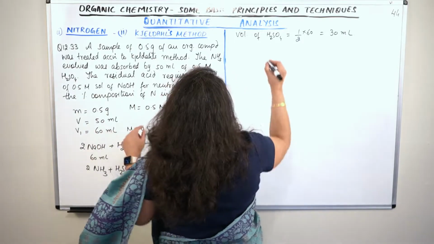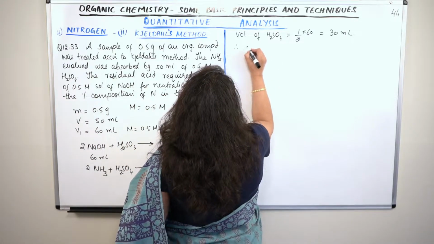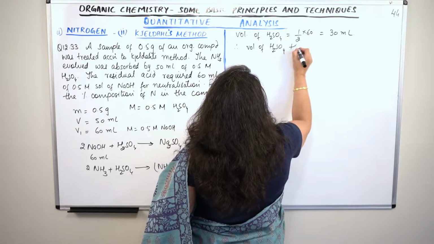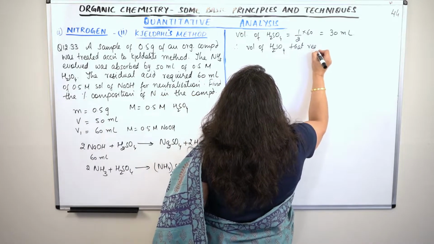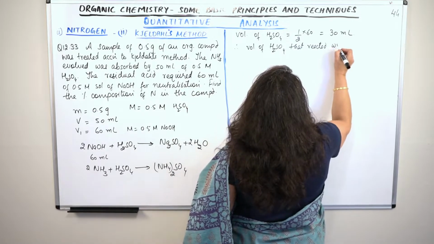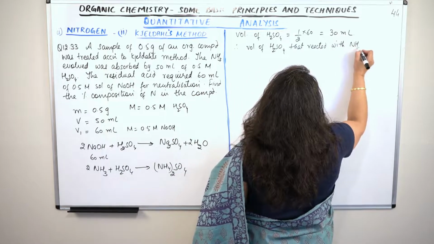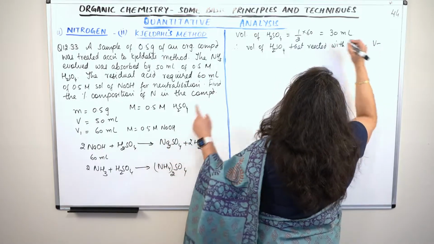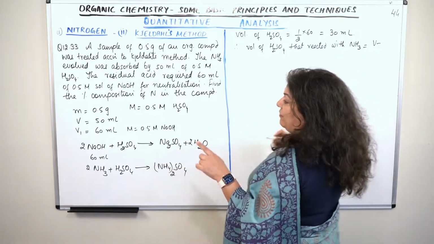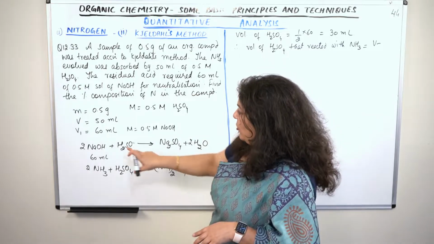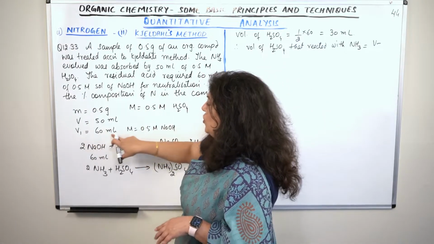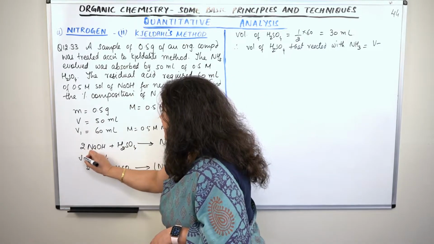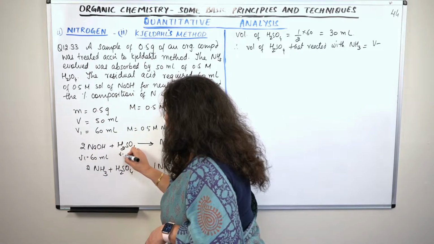So we'll say, therefore, volume of H2SO4 that reacted with ammonia obviously was the total volume minus, when we did the formula, I called this V1. So the volume of H2SO4 here would be, if this is V1, then this would be V1 by 2.